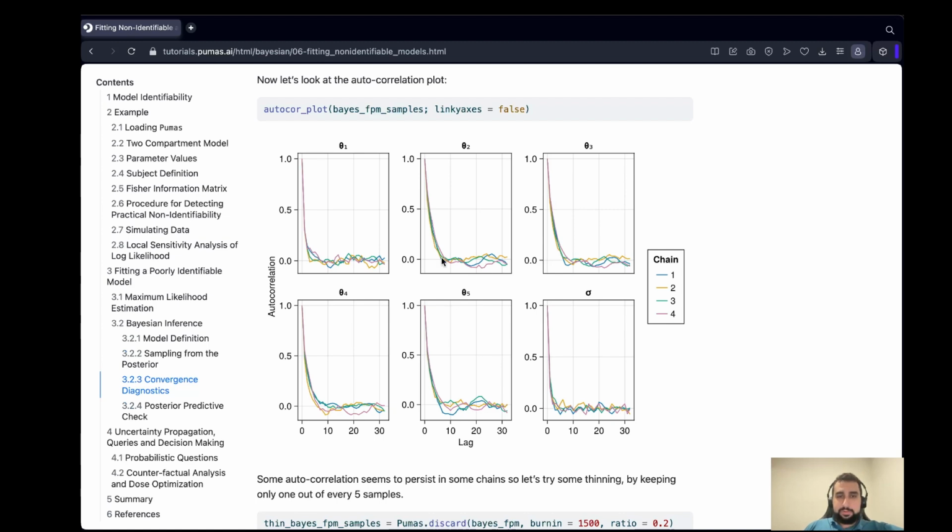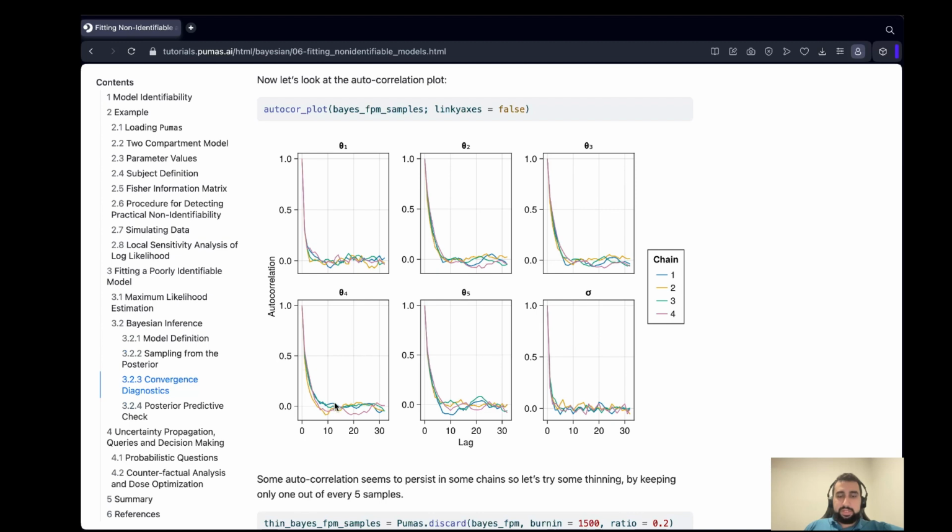Now, in this parameter, for example, it does persist quite a bit, so you'll see that maybe around the 5 or 6 lag point here, that's when we see a good drop of autocorrelation. But here, for example, you see that the drop is much more immediate. And so it's a desirable property to see this sudden drop with a very small lag value.